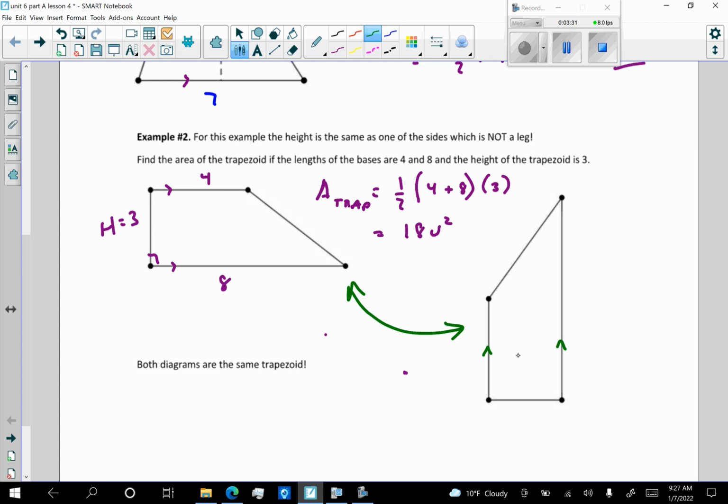The bases have to be parallel. Same thing here: the height is 3, the bases are 4 and 8, and the area is still 18 units squared. So we have to start looking at trapezoids standing up like that.